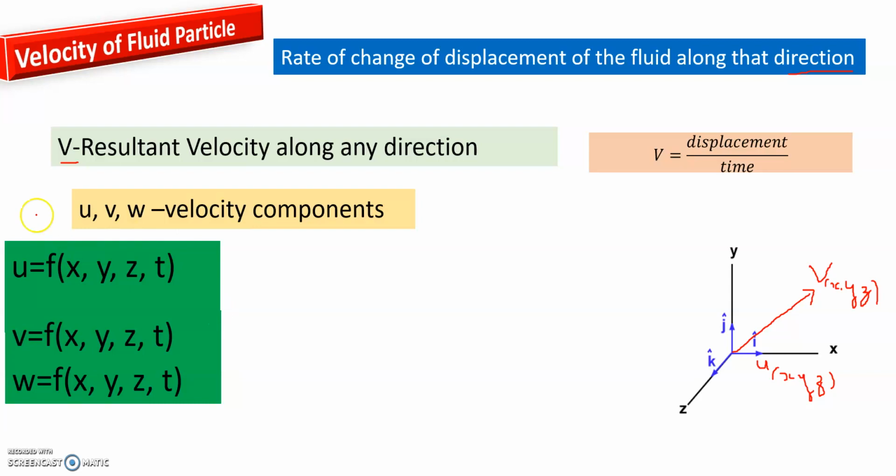So capital V is the resultant velocity, u, v, w are the velocity components, and these velocity components are functions of space coordinates and time.